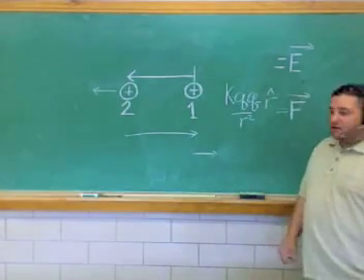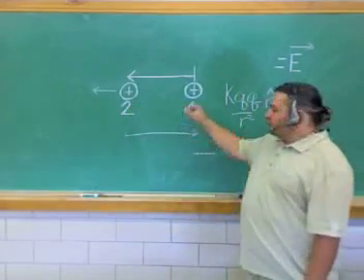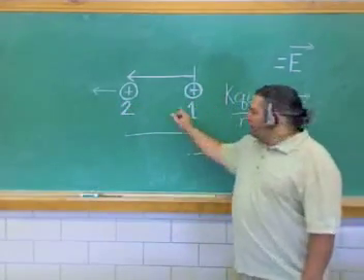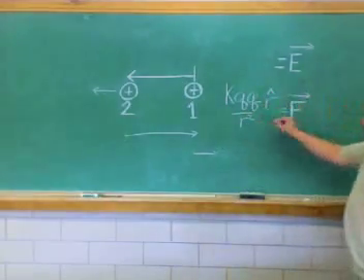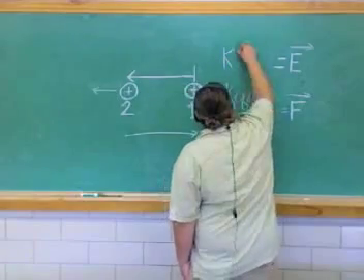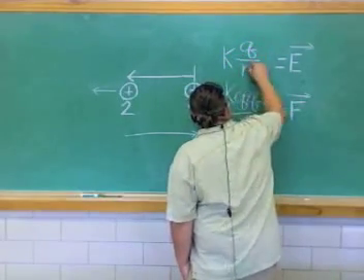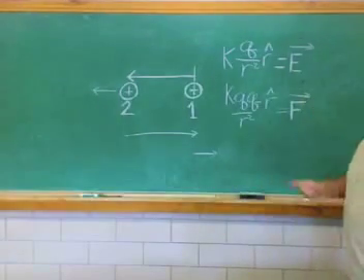Divide by a charge. Divide by charge 2. If I want to figure out the field that's being created by 1, I need to divide charge 2 out of my equation. So if I divide by that charge, what am I left with? I'm left with KQ over R squared R hat. That's my equation for a field.